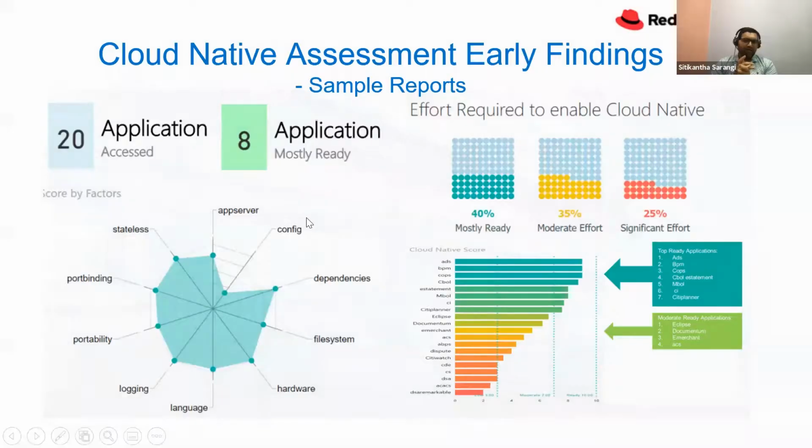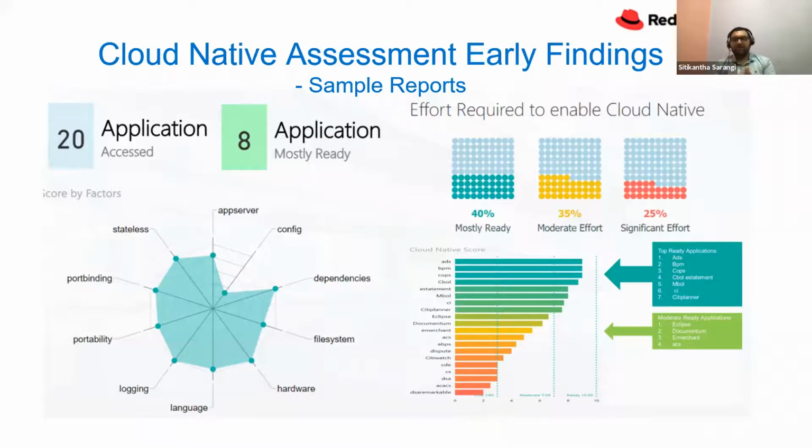Yeah. So when we talk about this application assessment part, obviously, how are you going to assess some application if you don't know anything about it? Obviously, by interacting with the developers or the application team or the application architect, going through the documentation, going through the code itself, running it through an automated analysis tool such as Red Hat Application Migration Toolkit, which offers you the capability that if you run the application binary with RHAMT, it will give you the report on how ready the applications are to be ported to the cloud native platform, or to OpenShift, or to a containerized platform, right?